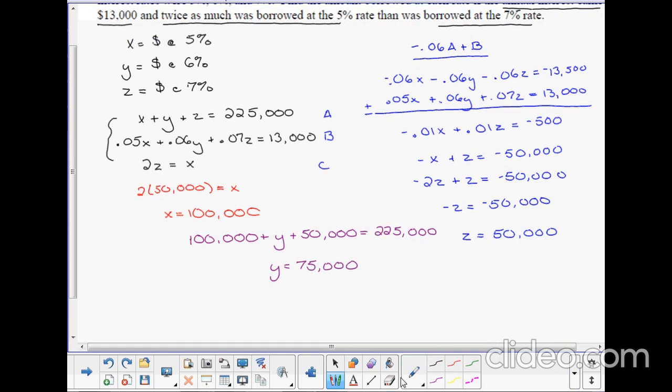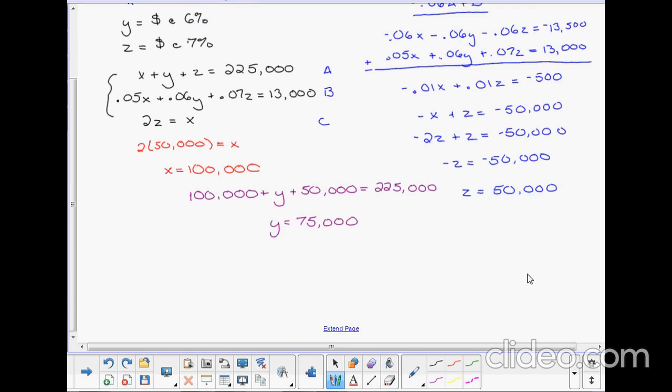So I do briefly want to put some context back to my answer. So let's say that the business borrowed $100,000 at 5%, $75,000 at 6%, and $50,000 at 7% interest.